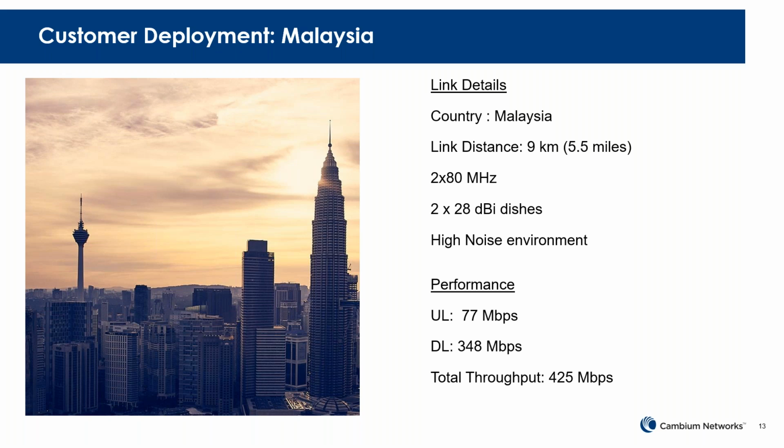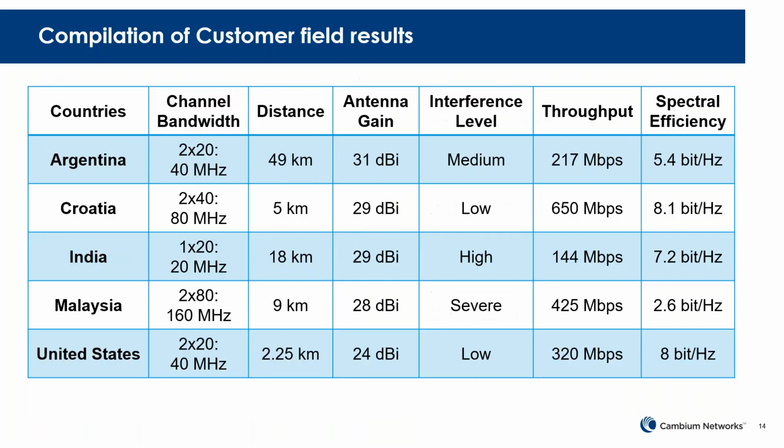So here's a summary of all the deployment cases we have. What we're trying to show here is different channel combinations and also different distances and different interference. You can see India is a very unique one. They have this pulse interference.